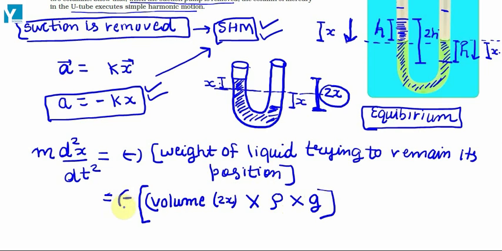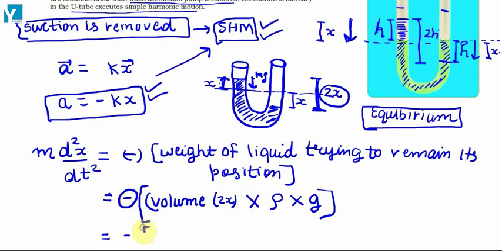This negative sign is because the restoring force, that is mg, is in the opposite direction to the displacement. That's why we have a negative sign.